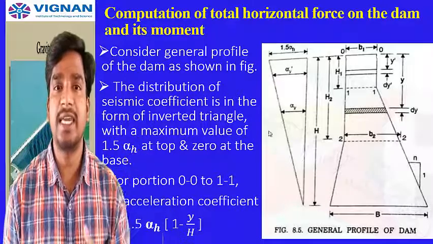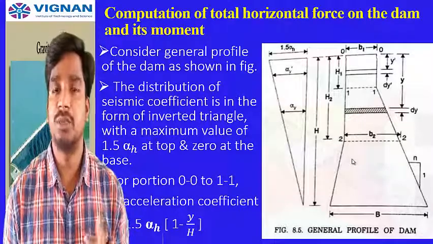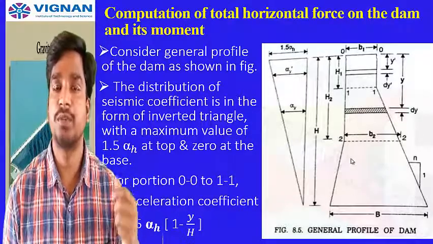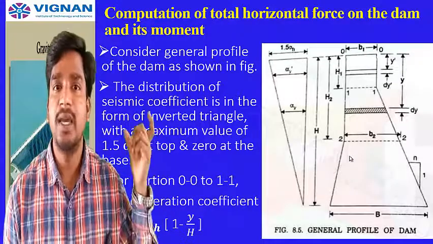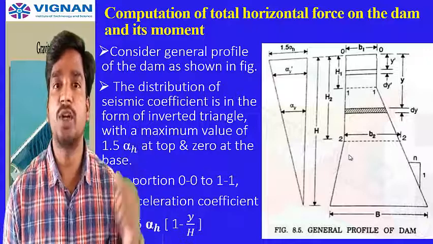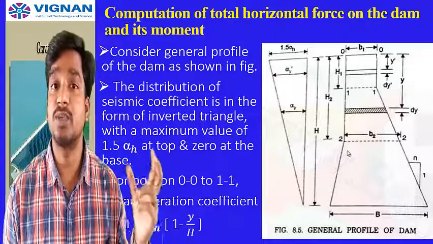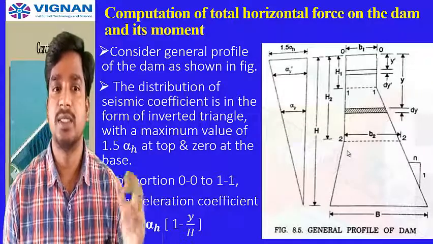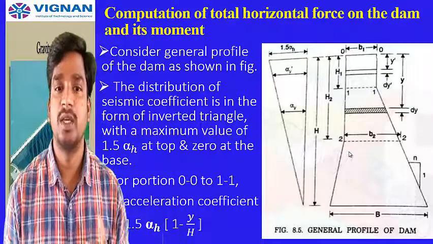This inverted triangle indicates the seismic coefficient distribution, with maximum at the top as 1.5 alpha h and 0 at the bottom of the dam. So this is the seismic pressure distribution coefficient.